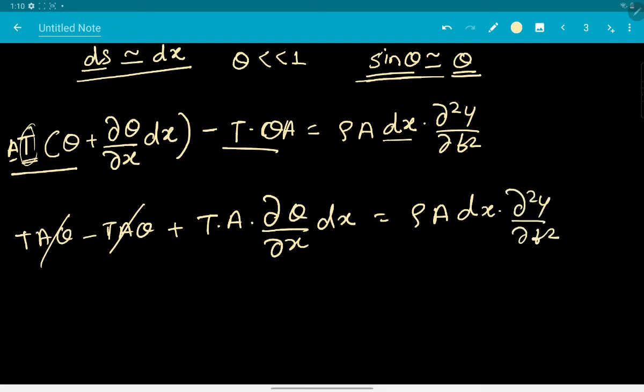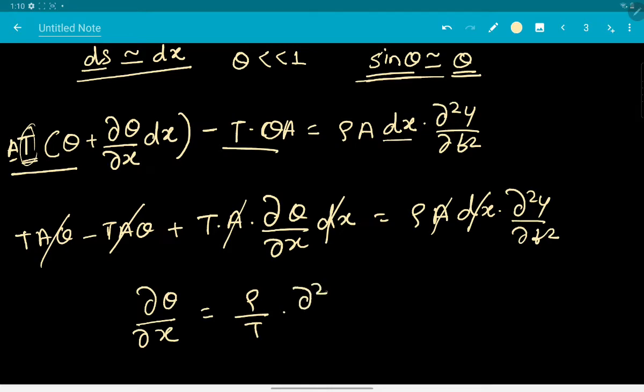Now this A will also go and this dx will also go, and what you are left with is del theta by del x is equal to rho by T into del square y by del t square.